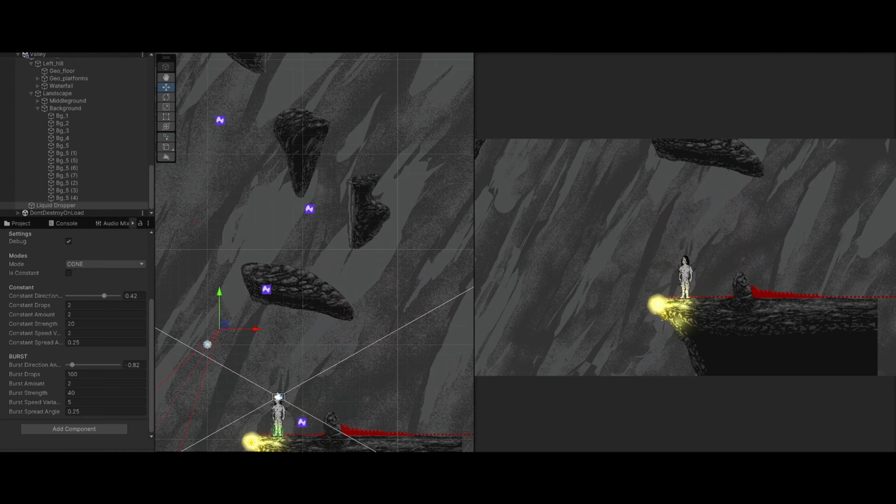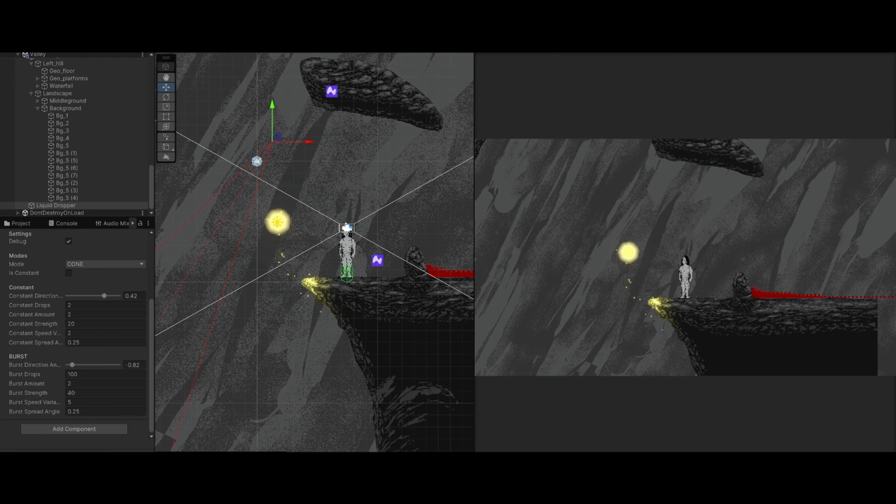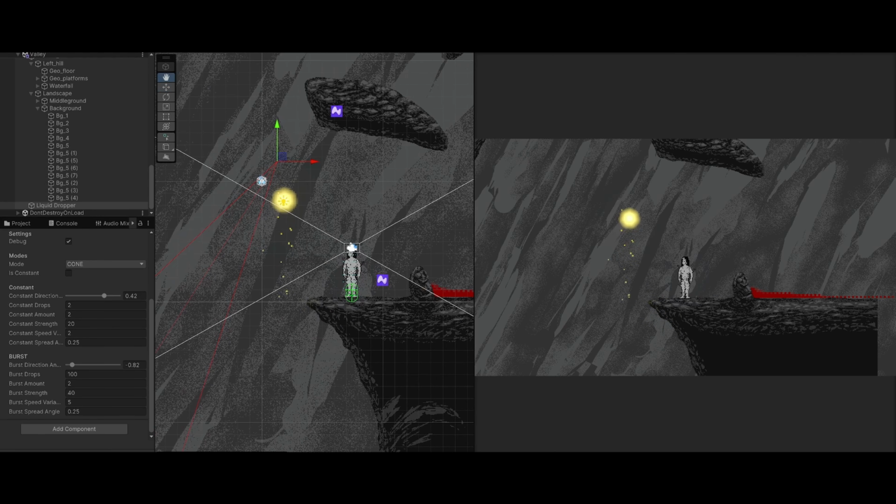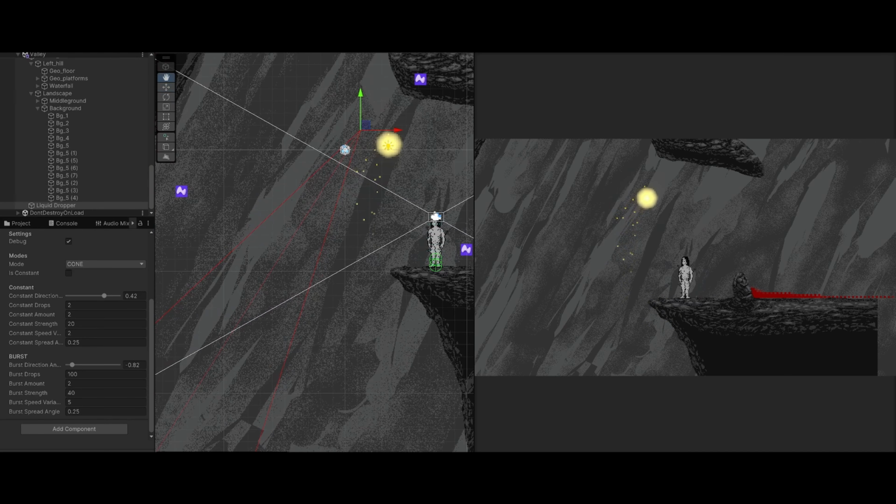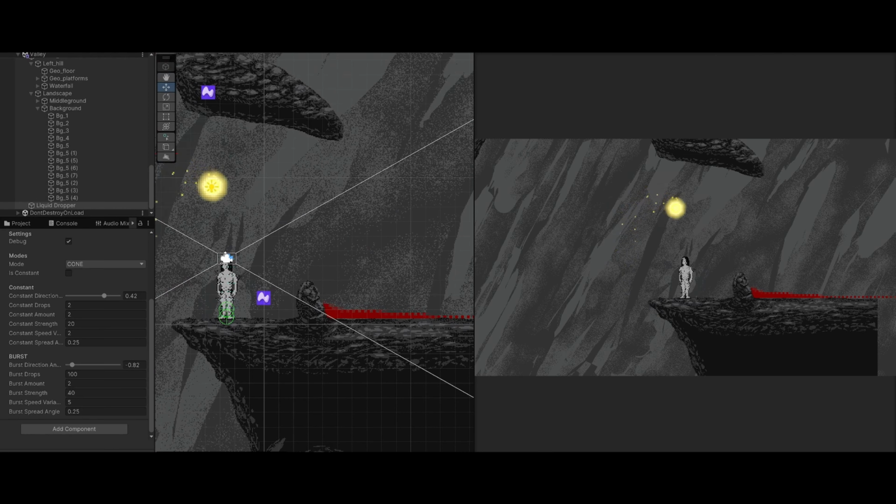The geometry around can also act as drainers, which means that whenever blood touches the ground here, we treat it as if it was dirt, right? So dirt absorbs the water and the liquid, the blood, and it just disappears over time.